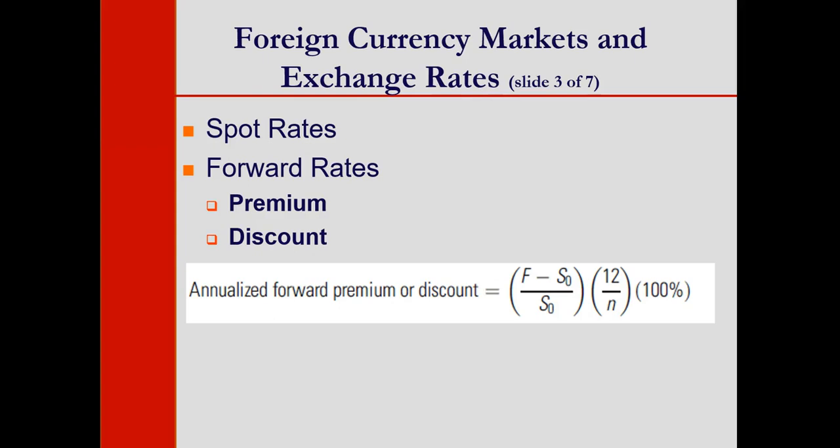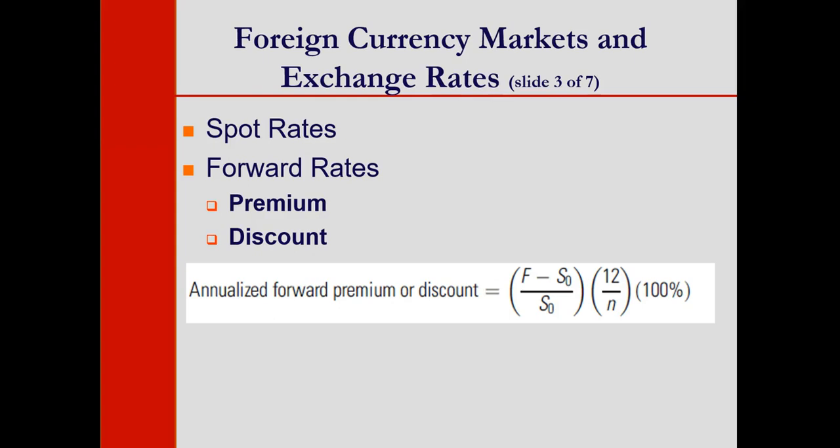These are the rates that we see in foreign exchange market for the currencies. Okay, so now what is forward premium or forward discount? If the forward rate is greater than the spot rate, that means the currency is selling at forward premium.